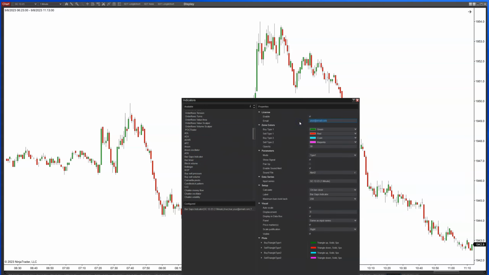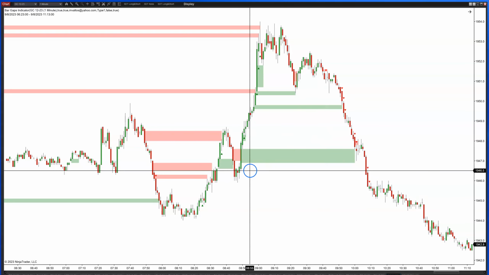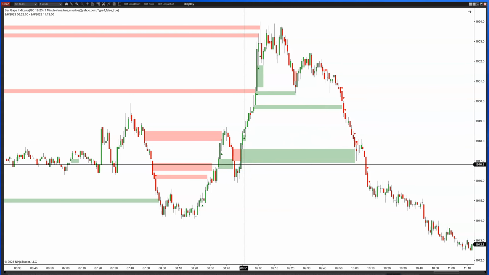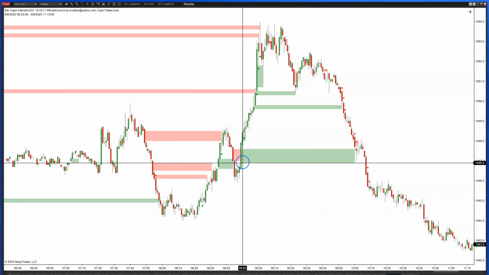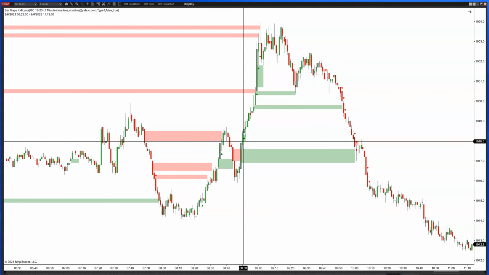And let me just add it in here. It's kind of loosely based off of fair value gaps. But what I've done is taken that idea of price moving, right? Because I do understand the whole concept of ICT fair value gaps.